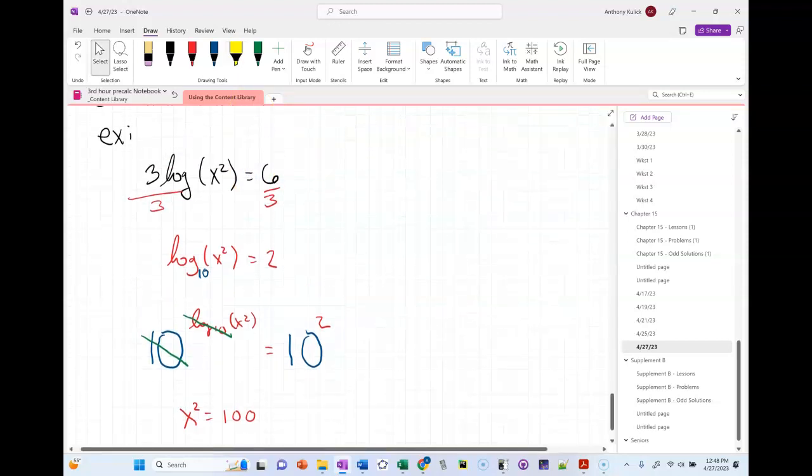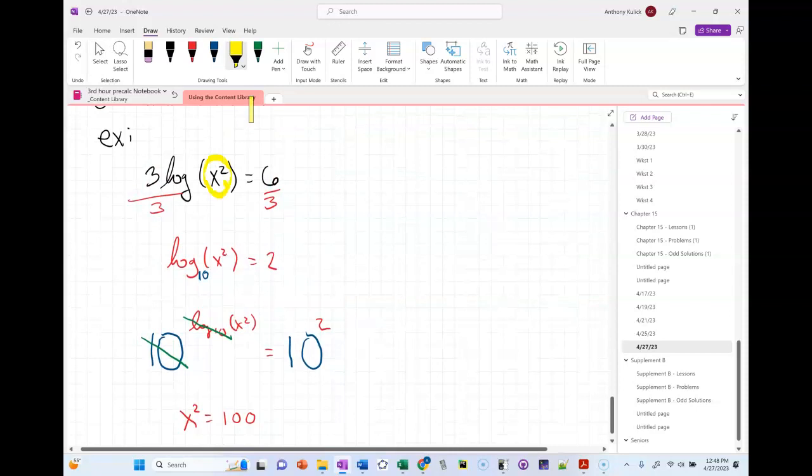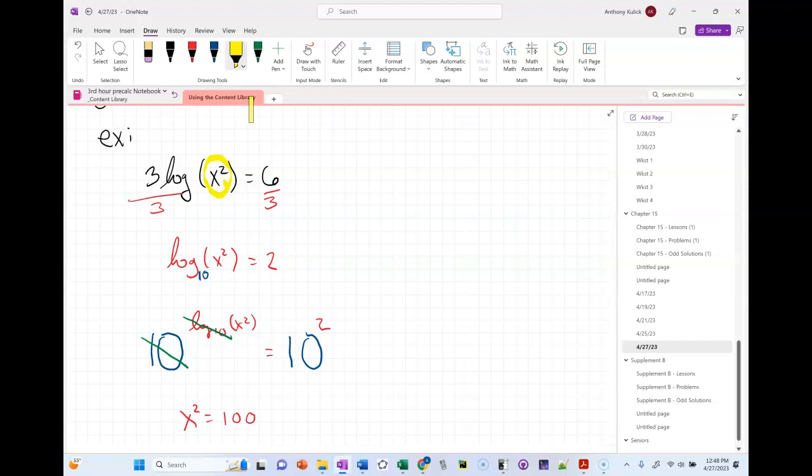I've got to plug these back in, and if the inside of my logarithm is negative or 0, it'll be extraneous. Otherwise, it'll be fine. So if I plug negative 10 in and square it, I get positive 100. That's okay. If I plug positive 10 in and square it, I get positive 100. That's okay. Both of these answers are keepers. But we do need to make sure we're checking.